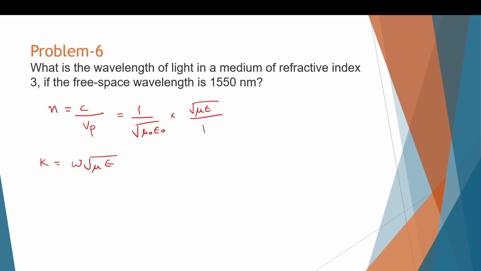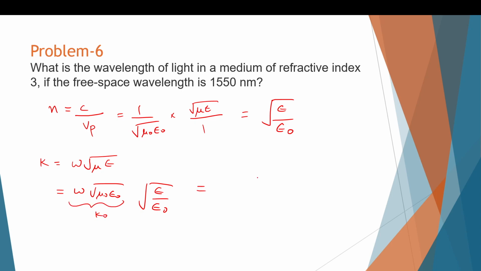Assuming that mu is constant over most of the optical frequencies, just to simplify things, I'll write it as root of epsilon over epsilon naught. And my k is omega times root of mu epsilon. So that will be omega times root of mu naught epsilon naught times this, right? So this is nothing but my refractive index. If I call this k naught, it will be k naught times the refractive index.